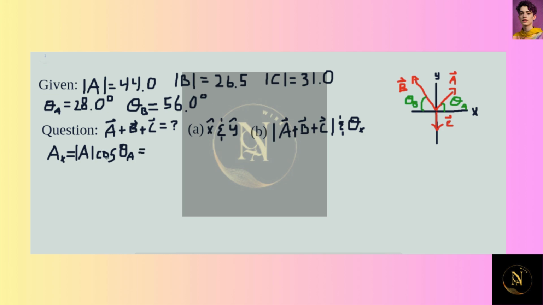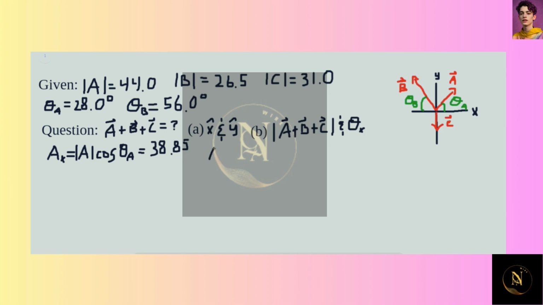If you multiply 44 times the cosine of 28 degrees, you get 38.85. Okay, so we know what A x is.